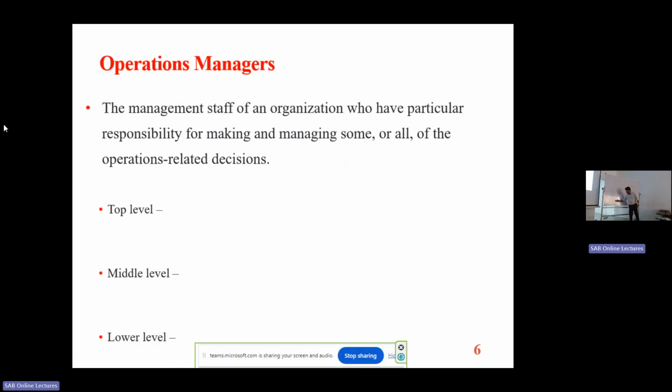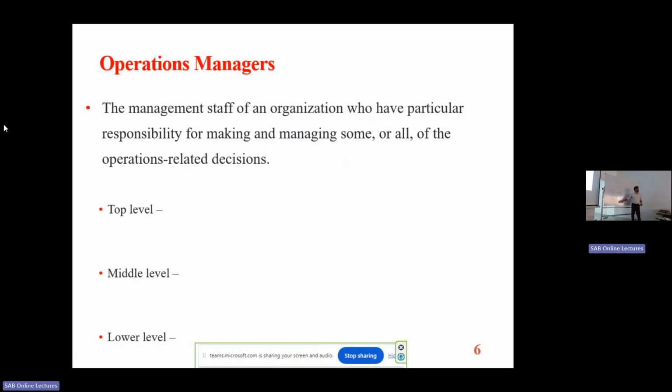There can sometimes be team leaders, because sometimes operations are run as teams. Like in audits, for each audit engagement you get, you have an audit supervisor, and under the supervision the staff does the work.